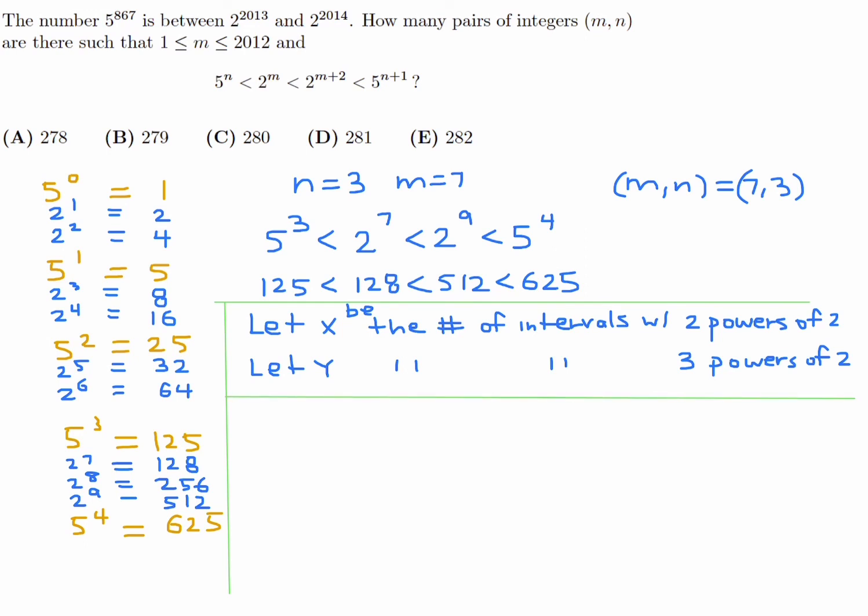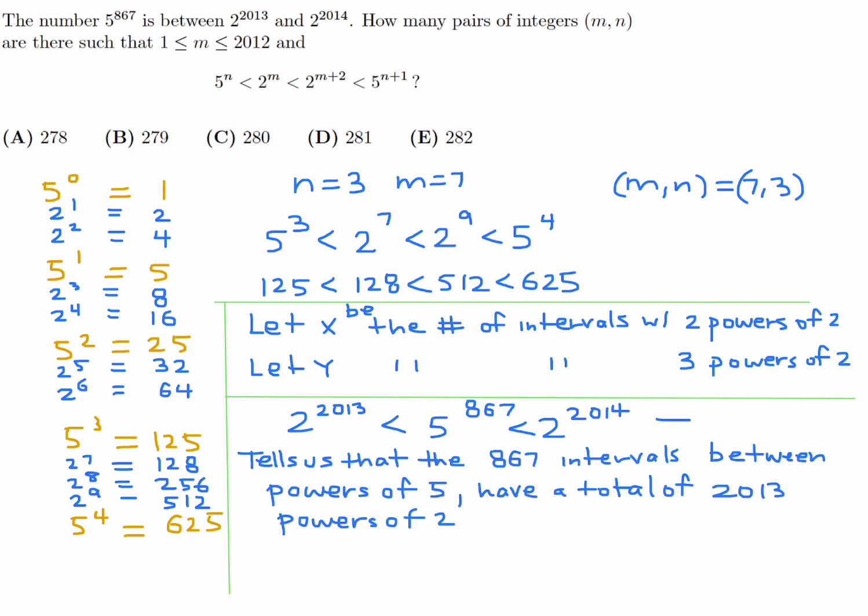Basically, what they're saying is that 2 to the power of 2013 is less than 5 to the power of 867 is less than 2 to the power of 2014. Correct? So this helpful inequality that they gave us in the question stem tells us that the 867 intervals between powers of 5 have a total of 2013 powers of 2.